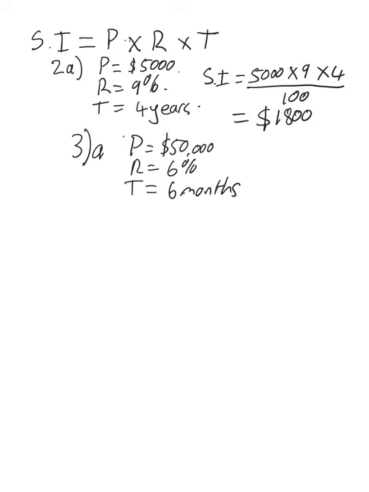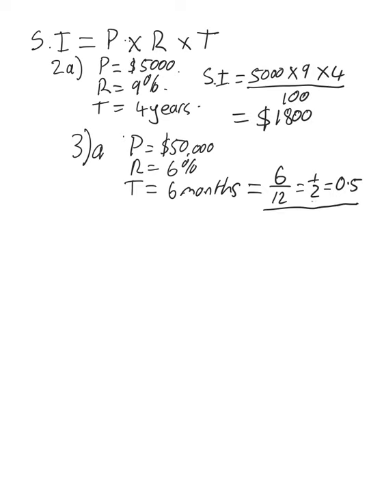Now, there's a number of ways we can convert this, but we can obviously divide by 12. 6 divided by 12, now it's in years. And that could be written as a half, could also be written as 0.5. They are all exactly the same as each other. Some people are more comfortable with decimals or simplest fractions.